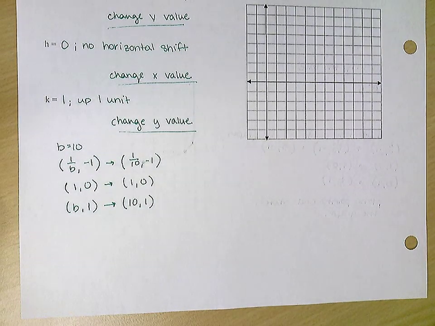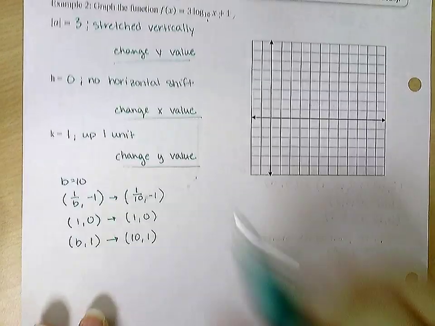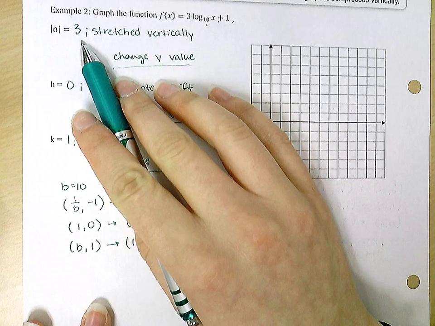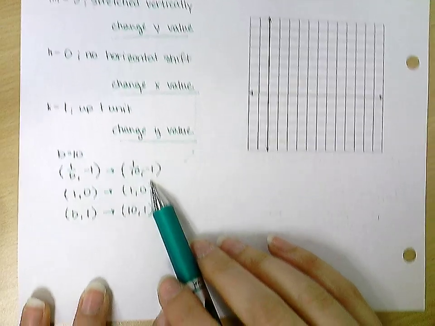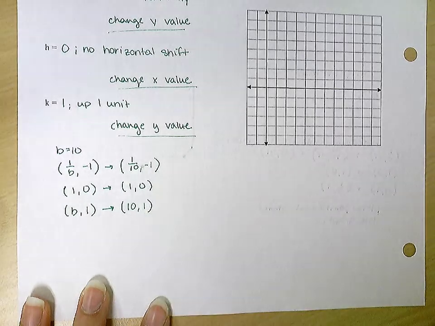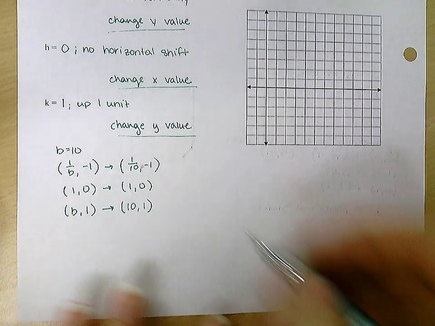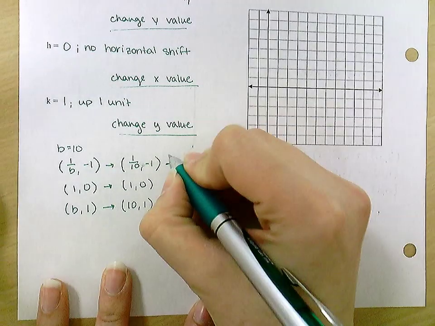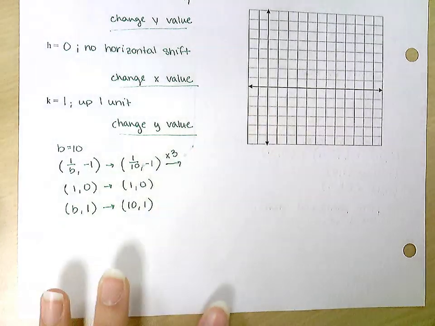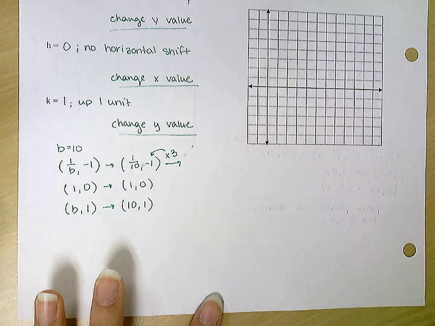All right. So now, I need to change my y value and stretch it 3 vertically. My y values here would be -1, 0, and 1. Now, if you have an a value, it's multiplying that y value. So to get the change in my coordinate, I'm going to multiply by 3 each of my y values.